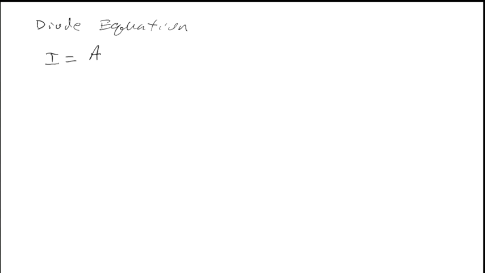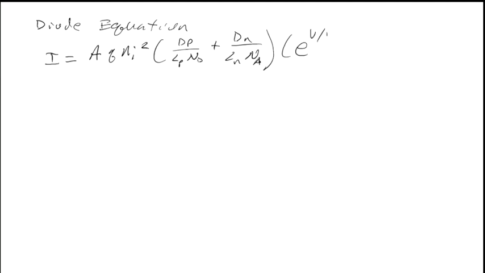So the area of the device times q times Ni squared times the diffusion constant of the holes over LP, which is a characteristic length, and the doping, plus the diffusion constant of the electrons and a characteristic length in the n-type region, or for the electrons, in the acceptor doping, times e to the V over VT minus 1.